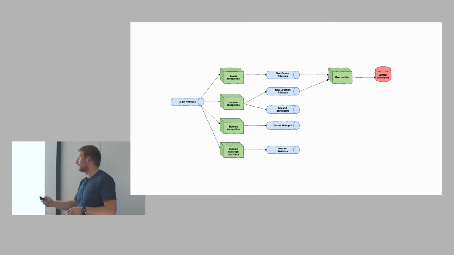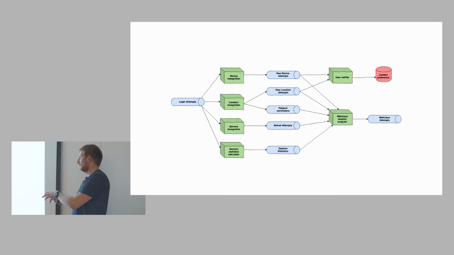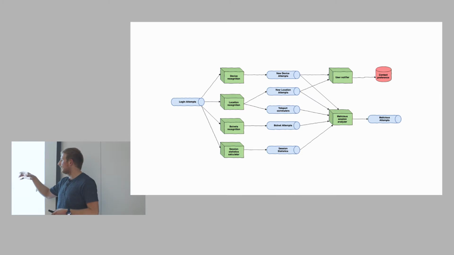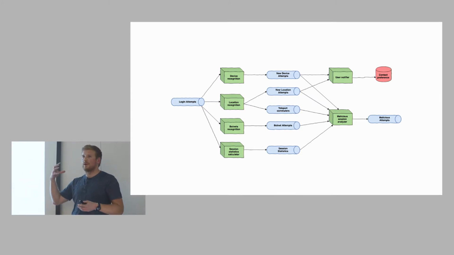These all streams can be later on combined in yet another stream processor that can, for example, be called malicious session analyzer, which will gather all streams together and have some business logic that will discover malicious attempts.